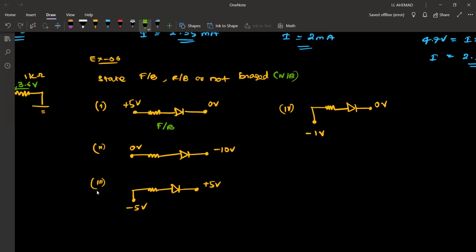What can you tell about the second one? Forward bias or reverse bias? Any idea? Forward bias to reverse biased.